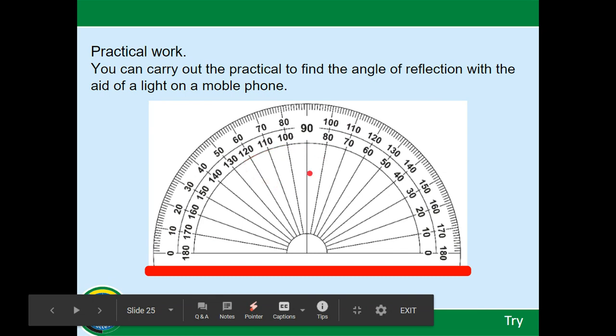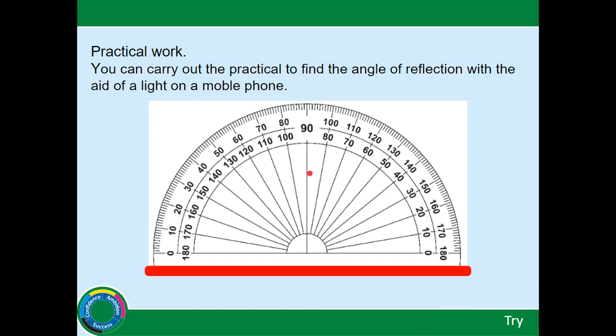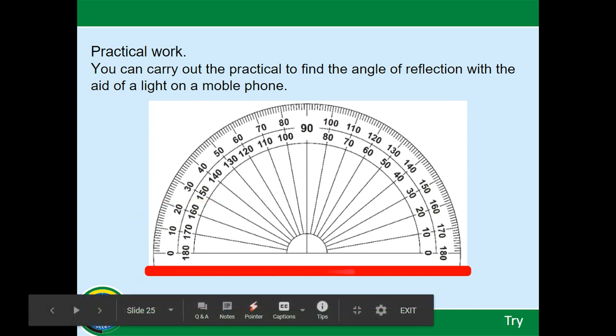There is a copy of this as a separate document that you can print out. Okay, the red line is merely showing you where your mirror should be sat.